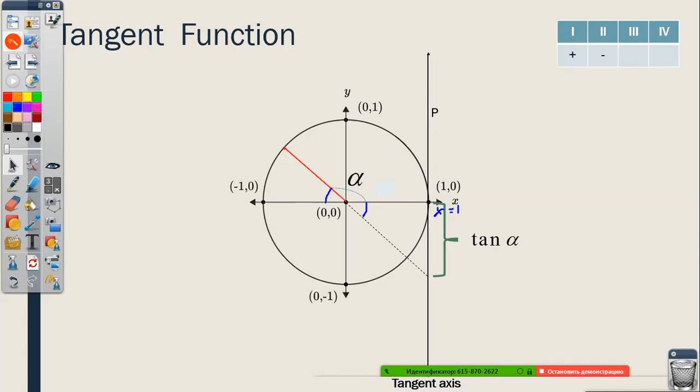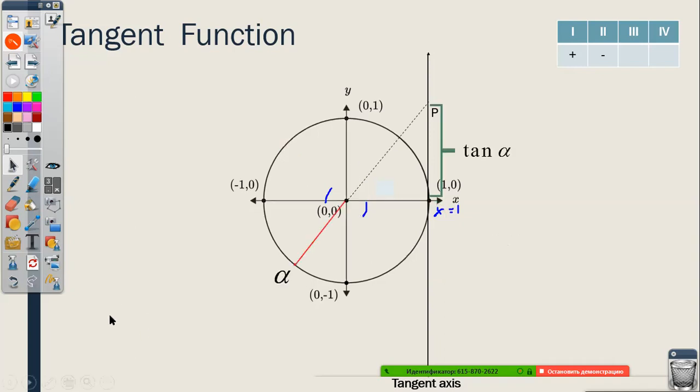In the third quadrant, again we have alpha, and its extension intersects the tangent axis here, so the values of tangent in the third quadrant are positive.